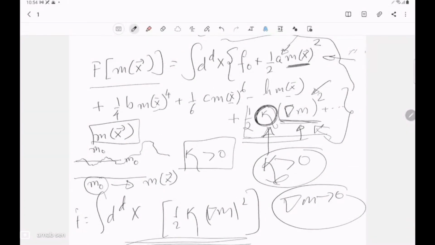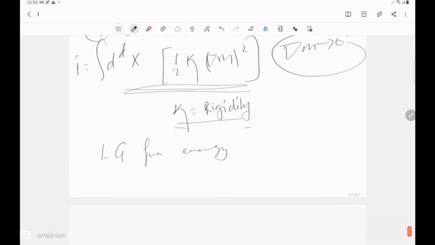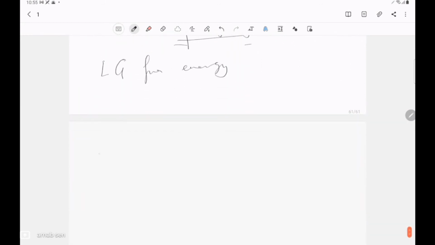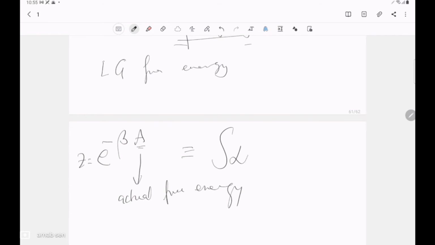Suppose I ask you, how do you calculate the entire partition function from this Landau-Ginzburg free energy? Of course the partition function can be written like this. Let me put A as the real, actual free energy. So the partition function can always be expressed like this. In terms of the Landau free energy, you're doing some kind of a functional integral here.